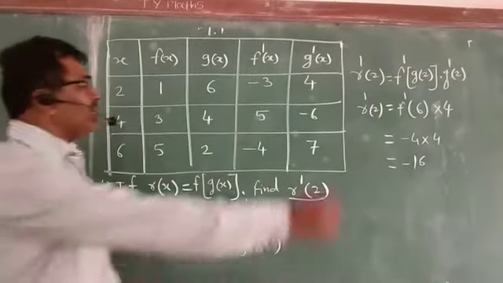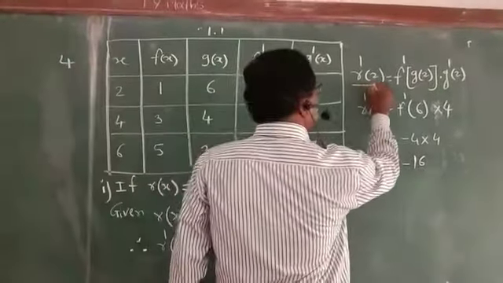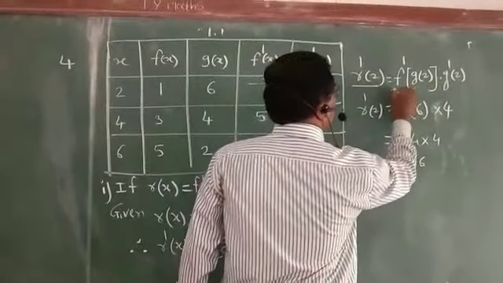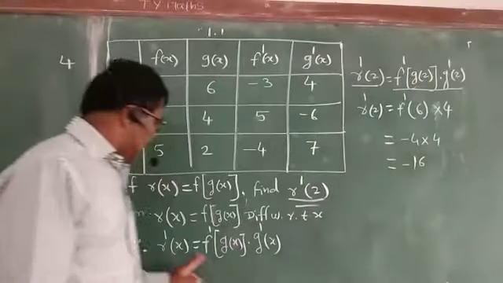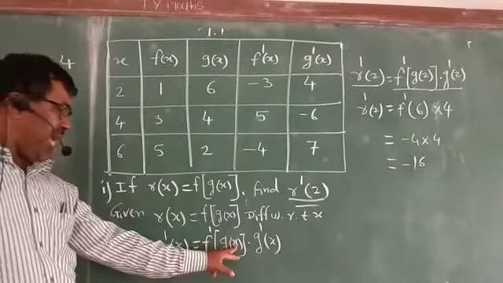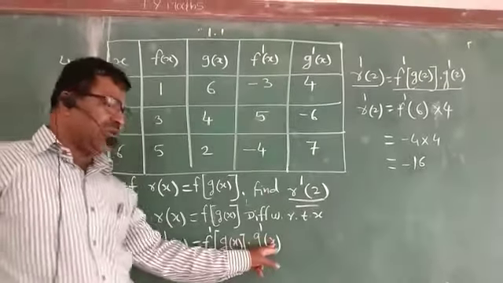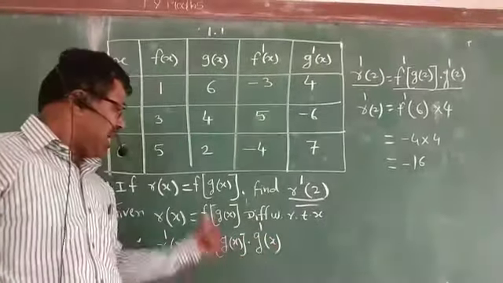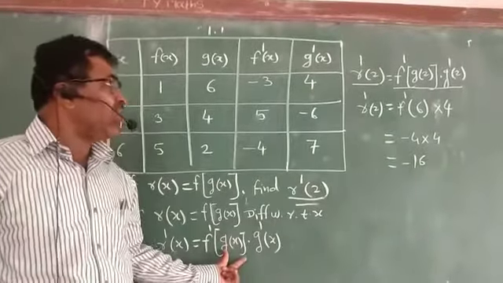We have to find r dash 2, that is r dash 2 equal to f dash g of 2 into g dash 2. Here we use chain rule.